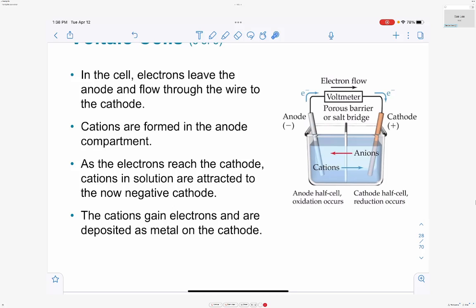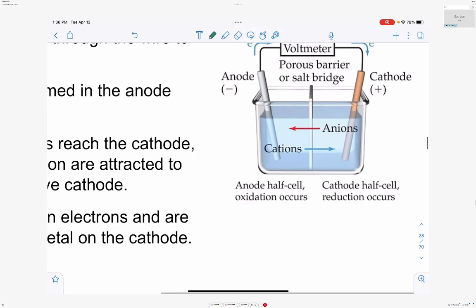For the specific example, we had copper and sulfate, right? So this cation, swimming in the medium in the right half cell, will attach to the cathode and receive these electrons that have been passed from the left half cell.